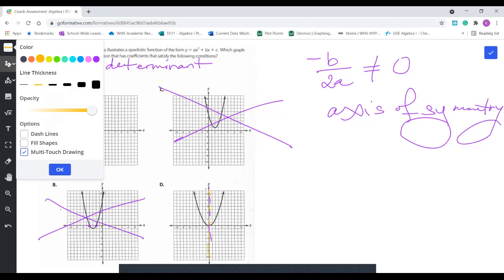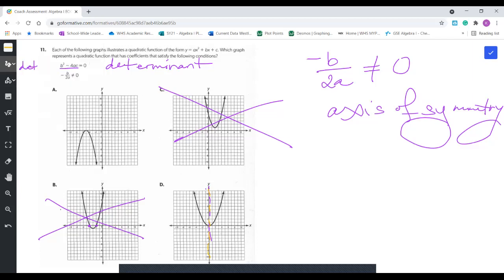Smack dab, that's a vertical line going through 0 if I ever saw one. So that means it can't be that one, because this axis of symmetry is certainly not 0. It's going through x equals -5, which is not 0. So the answer choice has to be A. Has to be A. All right, let us move on.